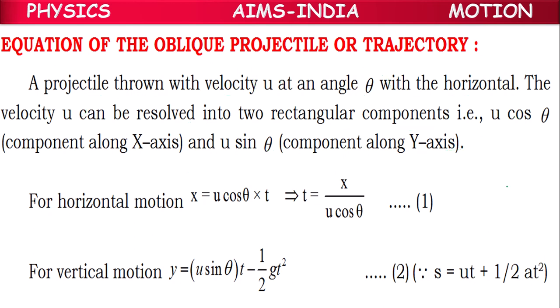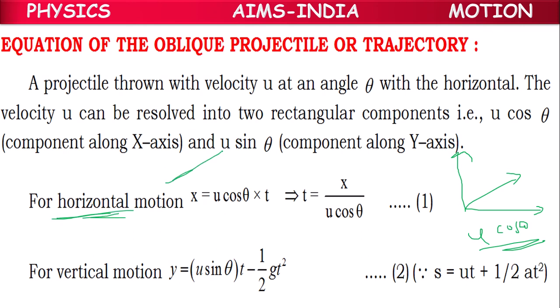Suppose this is u, with horizontal component u cos theta. Suppose x is for horizontal motion, the distance traveled horizontally.